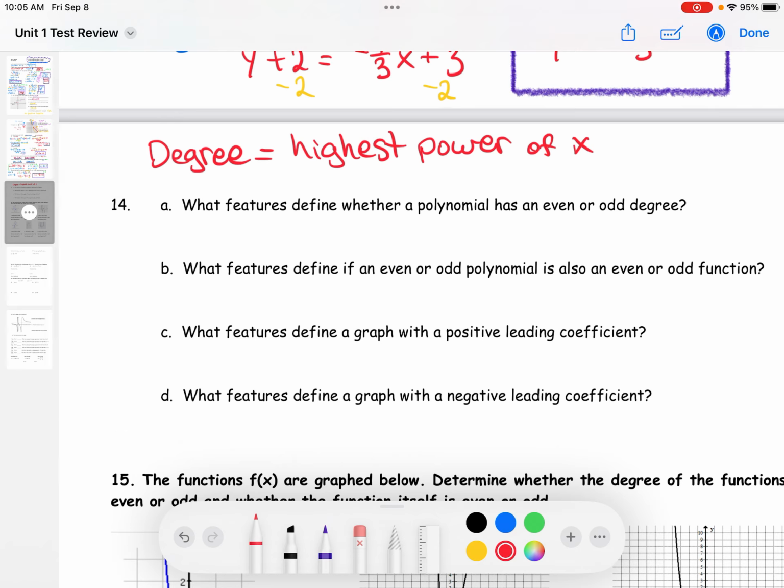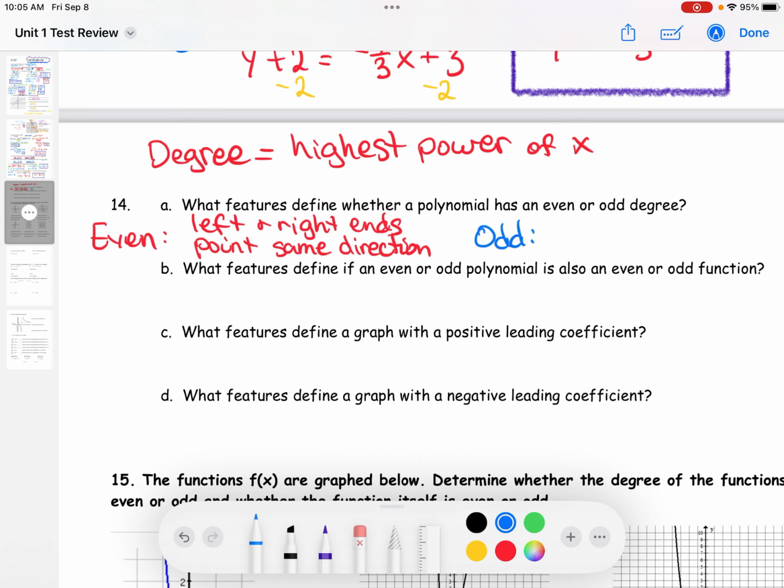So if you have an even function, it has an even degree, and on an even function, the left and right ends point the same direction, as in both point up or both point down.